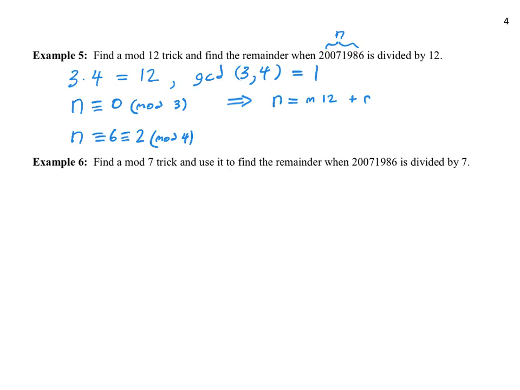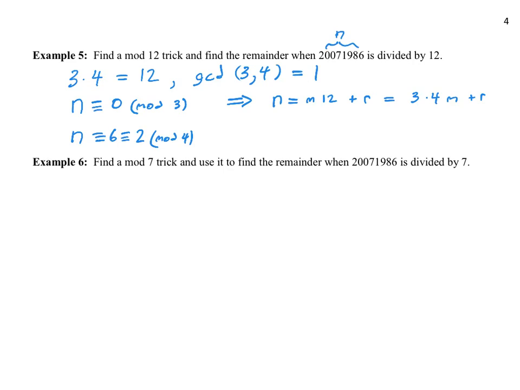So our number could also be viewed as 3 times 4 multiplied by that number m. I just broke the 12 up into 3 times 4, and we'll carry the plus r from the previous step.